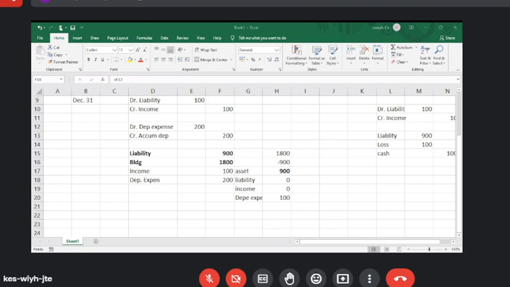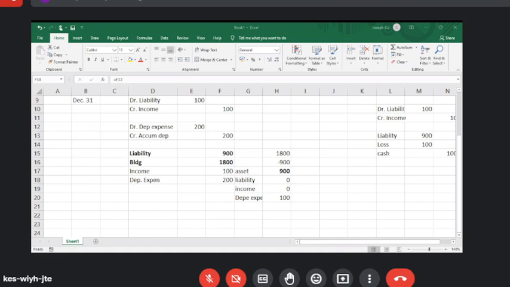Sir, yung sa number 1, sir, tanong ko lang, yung free technical, sir, hindi ba siya covered ng past 20? Hindi. Number 1, sir.